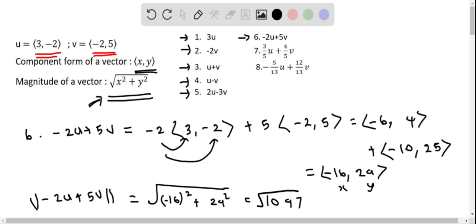You can further simplify this, or you can just approximate this to some decimals, which is coming as 33.12. This is approximately. So this is the magnitude of the sixth vector, minus 2u plus 5v vector. Now let's do the component form of the seventh vector.